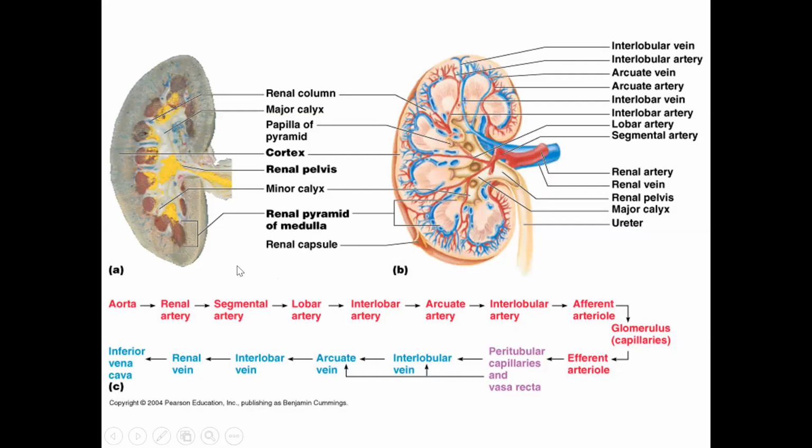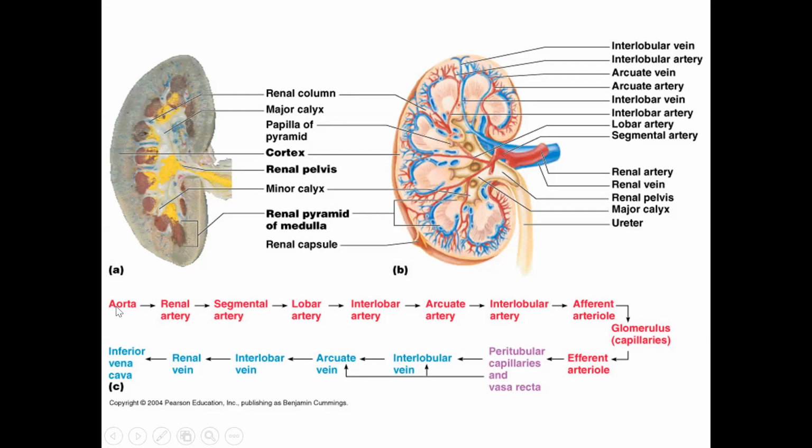If you think about filtration, any kind of materials exchange between blood vessels and surrounding environments has to take place around the capillaries. We already know that, right? Only in the capillaries is the wall thin enough to allow material or gas exchange to take place. So let's take a look at this blood trace, blood running through the kidneys.